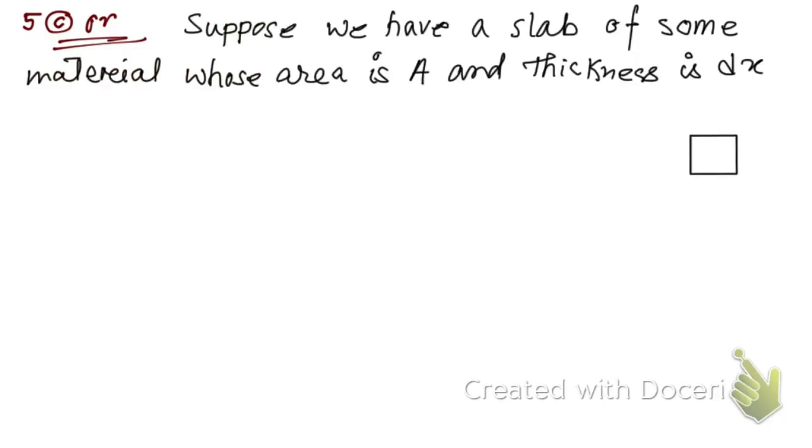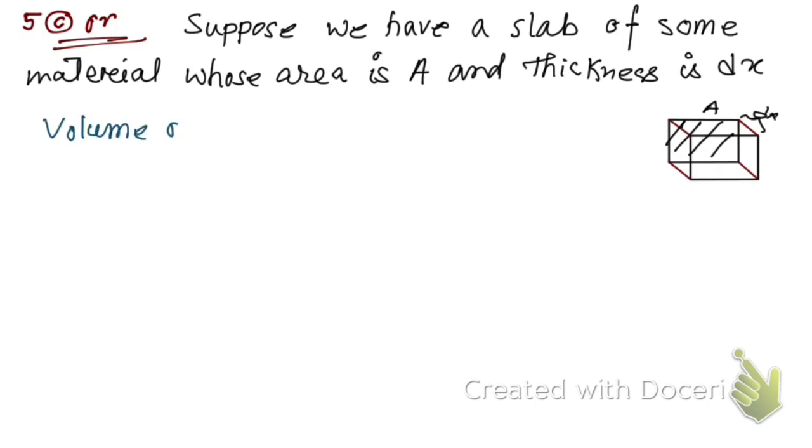Suppose this is the slab, and the area of this face is A, and this thickness is dx. Then its volume will be A into dx, right? Therefore the volume of the slab is A into dx.